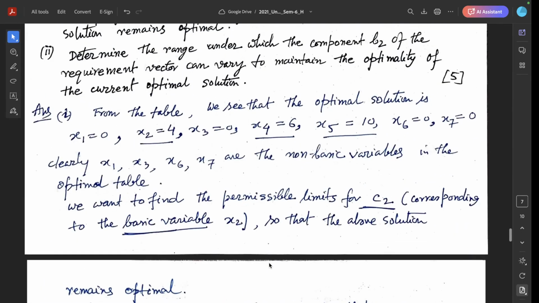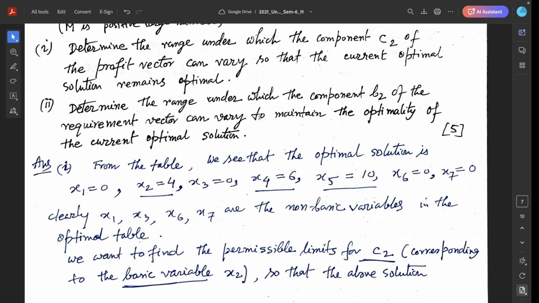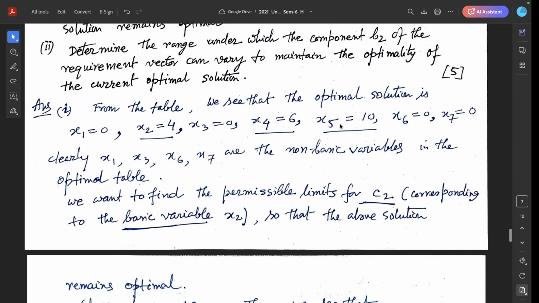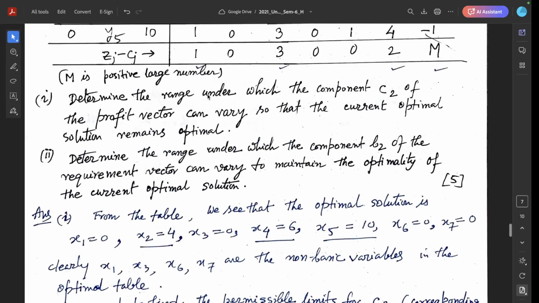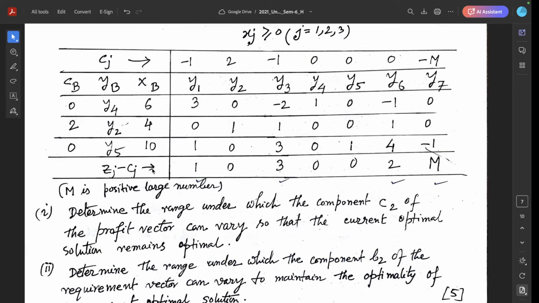And next question, part 2: determine the range under which the component B2 of the requirement vector can vary to maintain the optimality of the current optimal solution. Here, B inverse B is equal to XB. XB is 6, 4, 10, because this table is 6, 4, 10.